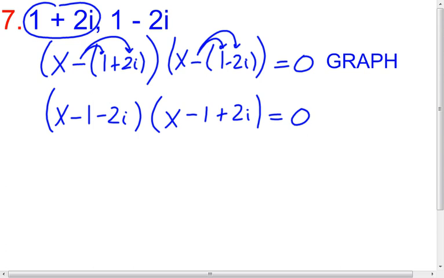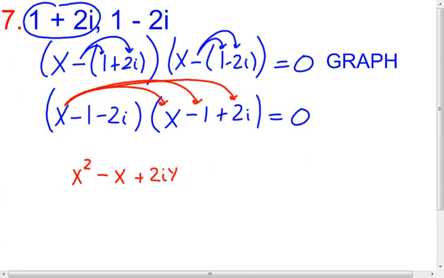All right, so distribute this. So x times x is x squared. X times negative 1 is negative x. X times 2i is 2ix. Okay? Moving on. Negative 1 times x is negative x. Negative 1 times negative 1 is positive 1.